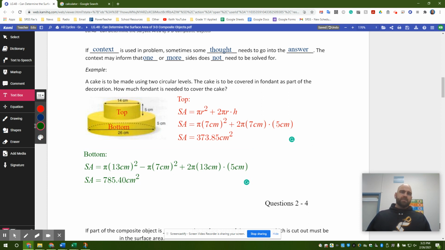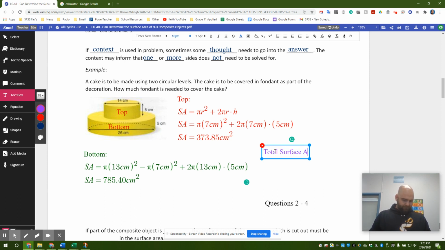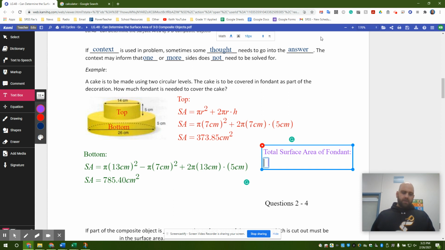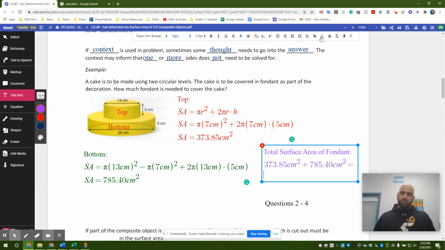So our total surface area of fondant is, we're going to take the 373.85 centimeters squared, and we're going to add the 785.40 centimeters squared, and that is going to equal, we'll do it on the next line. So we're going to add the two together.